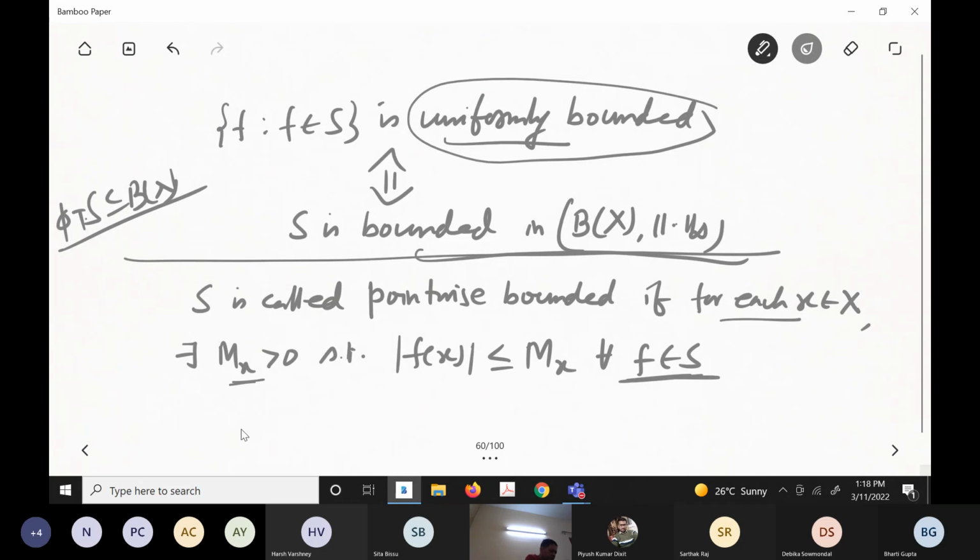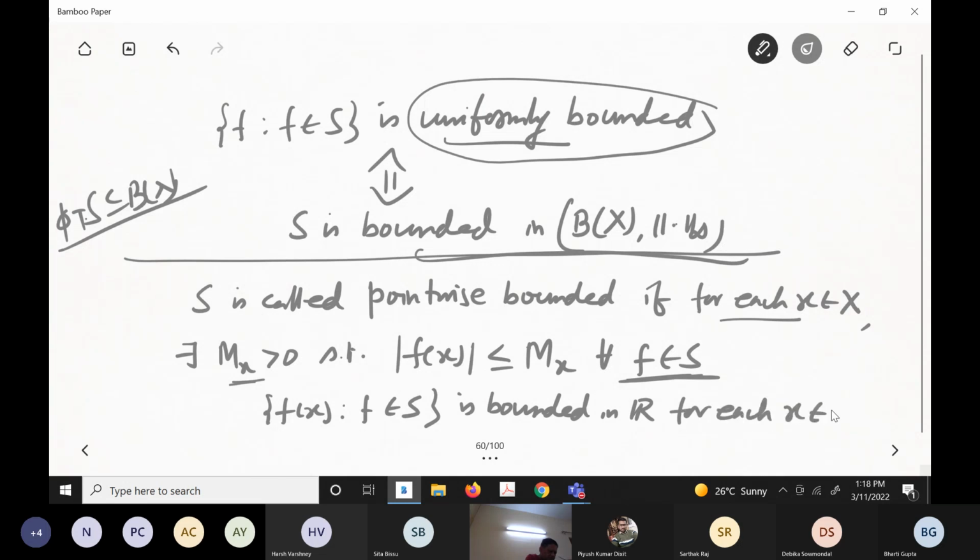That means the set of f(x), f belongs to S, which is a subset of R, is bounded in R for each x. This is the definition.